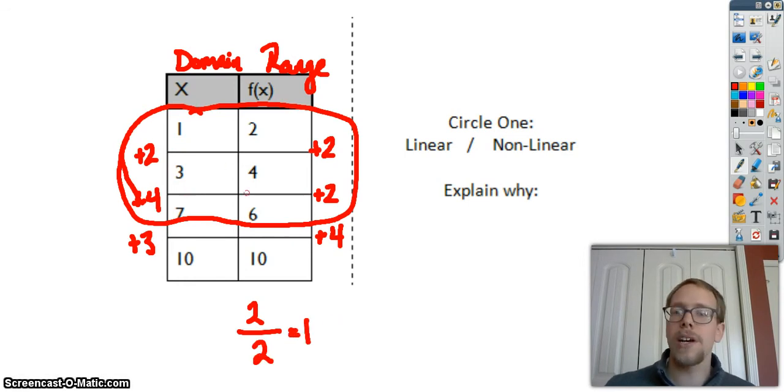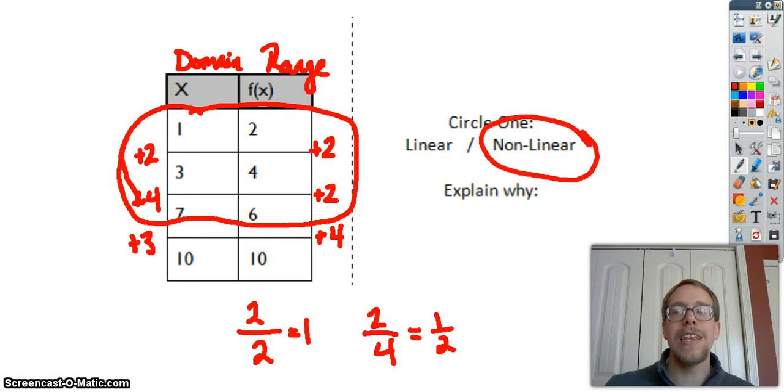But notice if I were to try to calculate the slope between these two ordered pairs, 6 minus 4, well, that's 2, over 7 minus 3, well, that's 4. That's a slope of 1/2. So the slope of the line passing through these 2 points is different from the slope of the line passing through those 2 points, meaning the slope is not constant.